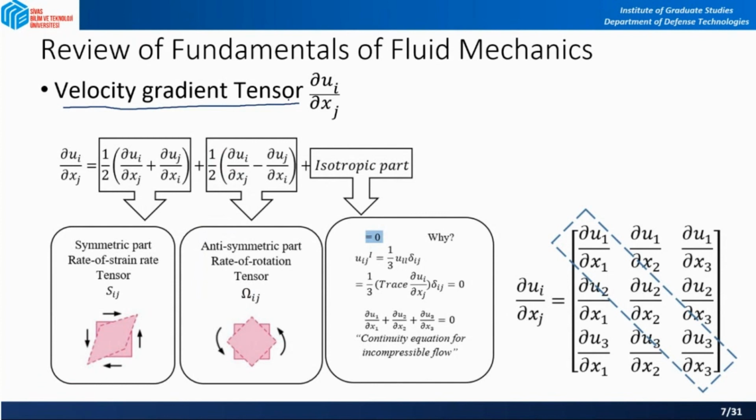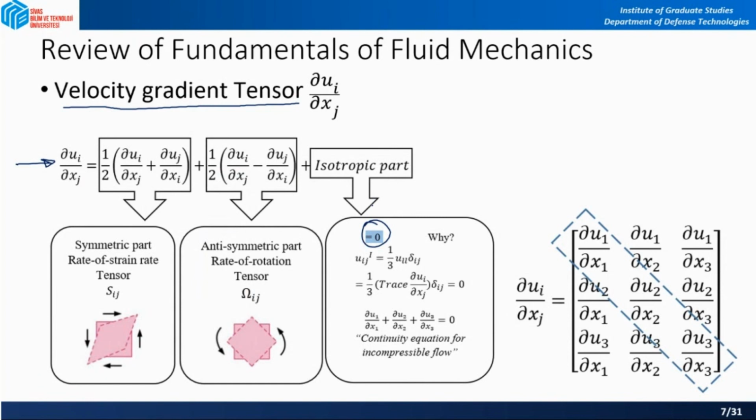This means that your velocity gradient tensor dui dxj can be decomposed into three parts. And when we do that, we will get this. The isotropic part of dui dxj does not exist, so the isotropic part is equal to 0.